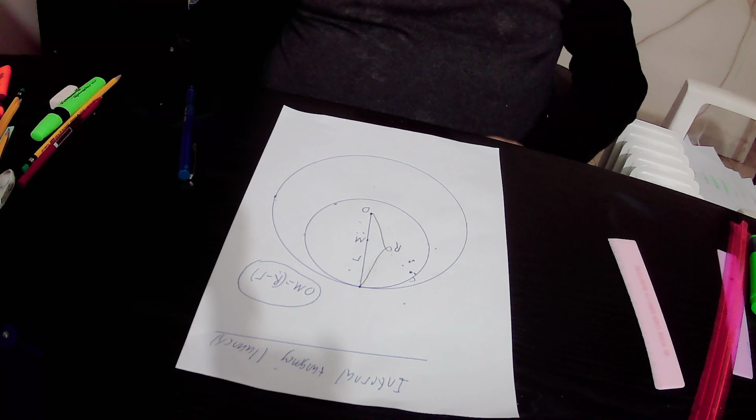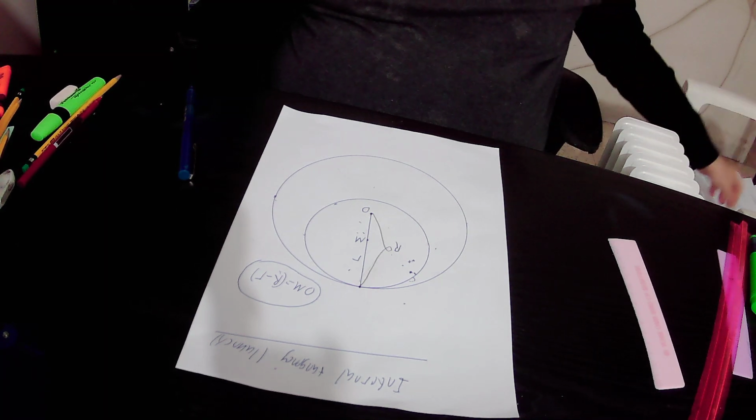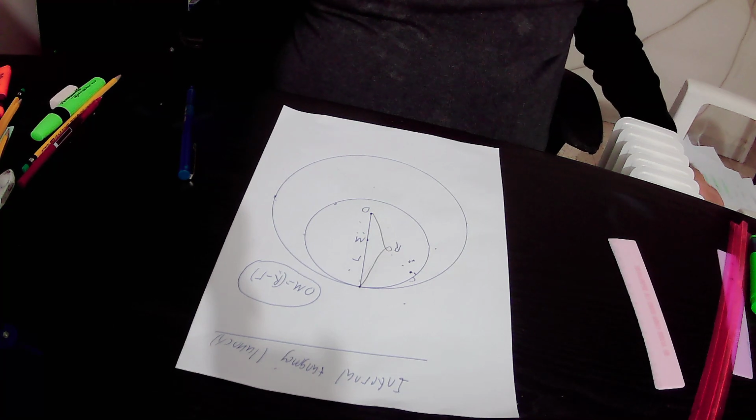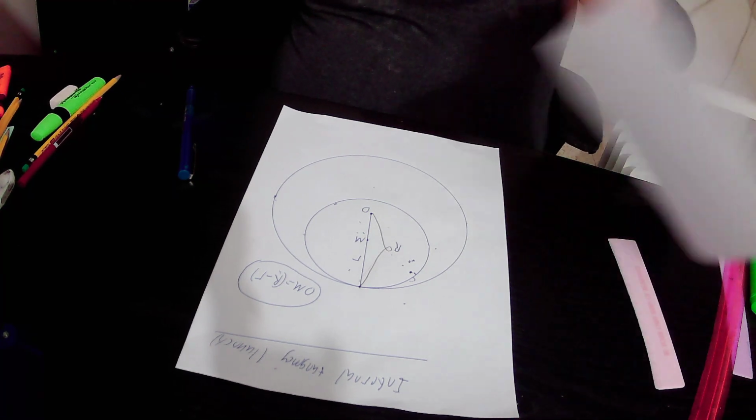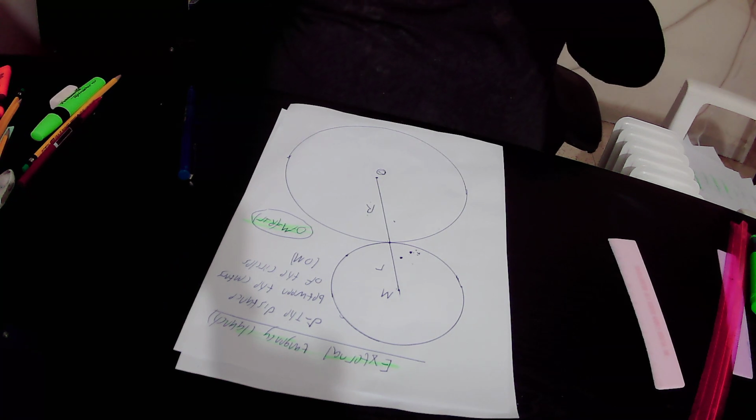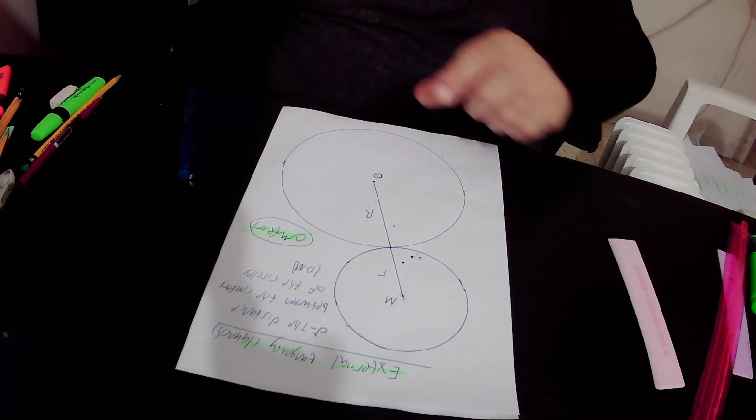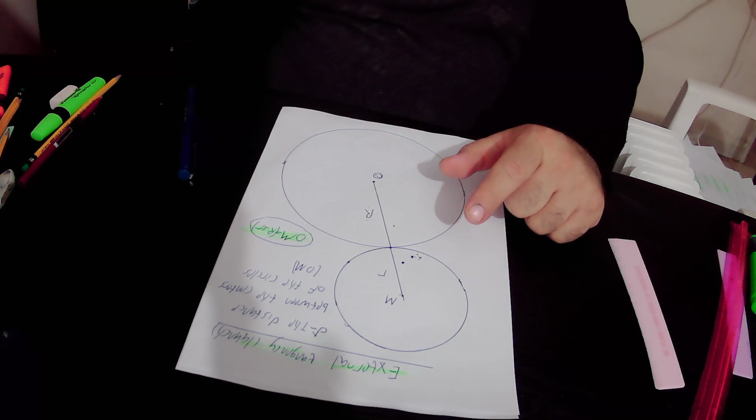So, in conclusion, when you have an external touch between two circles, that is to say if the two circles are touching each other externally, then the distance between the centers of the two circles is equal to the sum of the lengths of their radii.